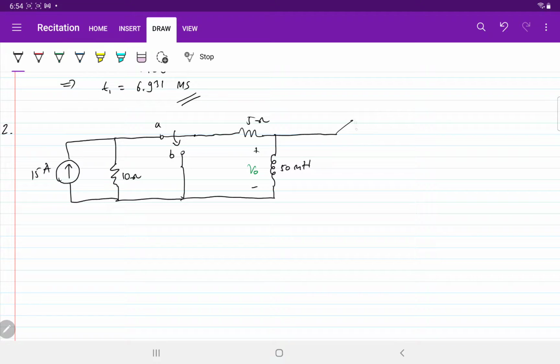We have another switch, switch 1, switch 2, connected at point C. We have a resistor, 20 ohms. Quite a complicated circuit. Well, don't worry.